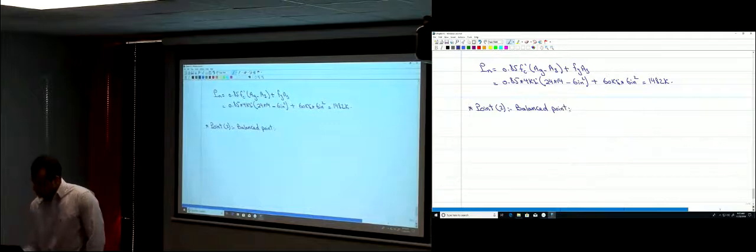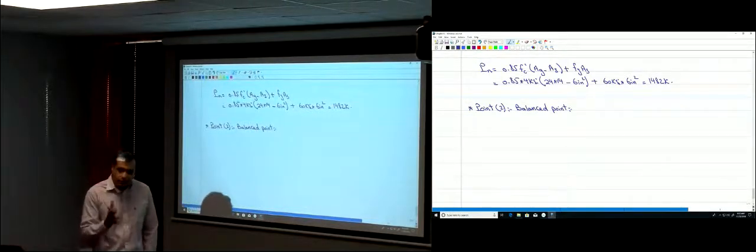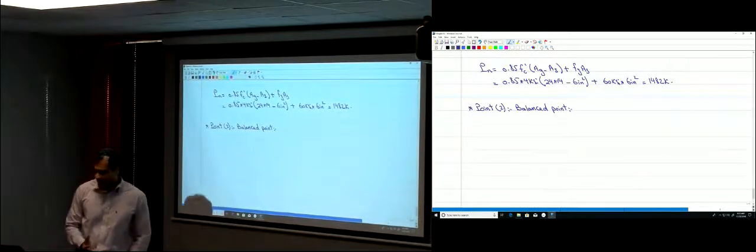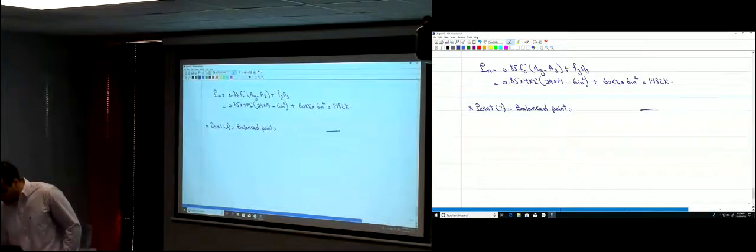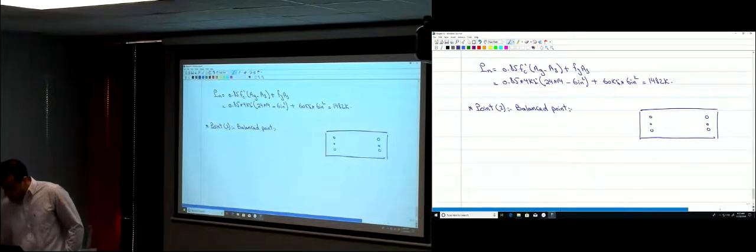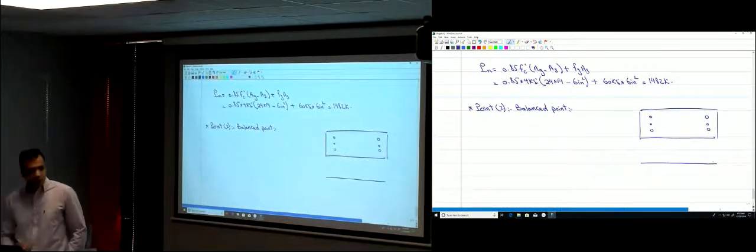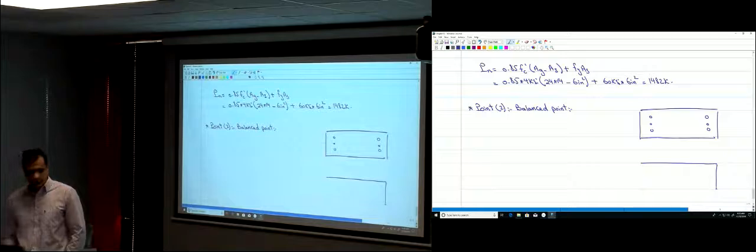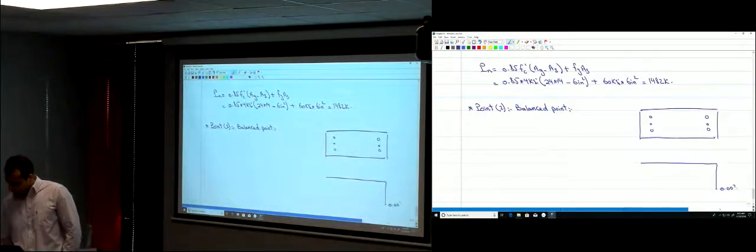For the balance point, you don't assume the strain distribution. You know the strain distribution, right? What's the strain distribution at the balance point? If this is my column over here, those are the steel bars. By definition of the balance point, the strain on that side is 0.003.